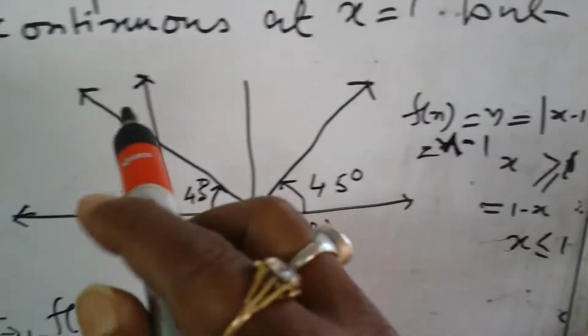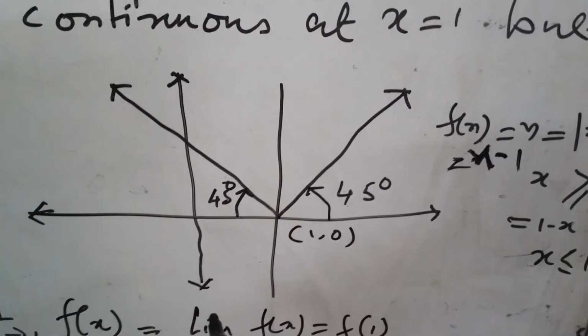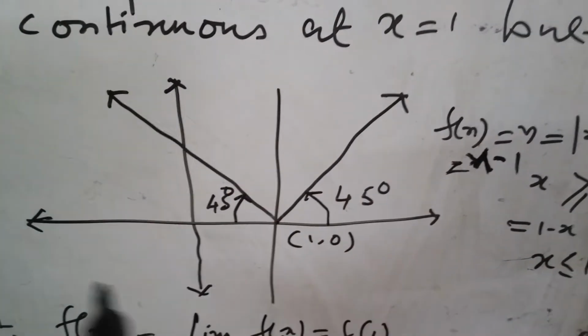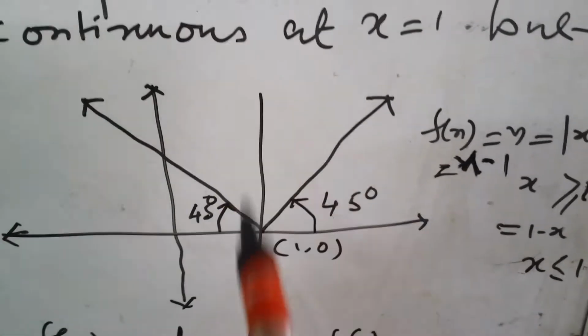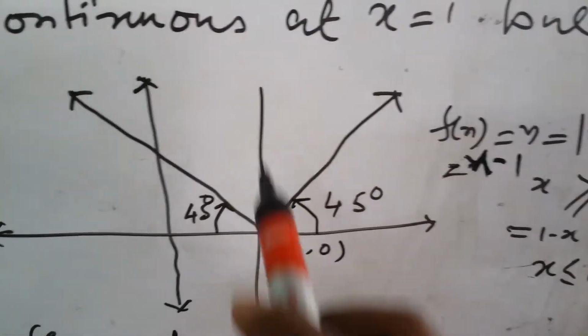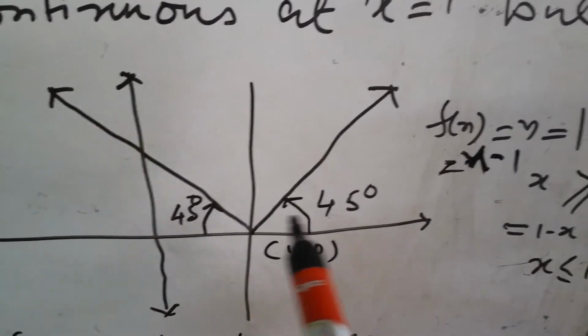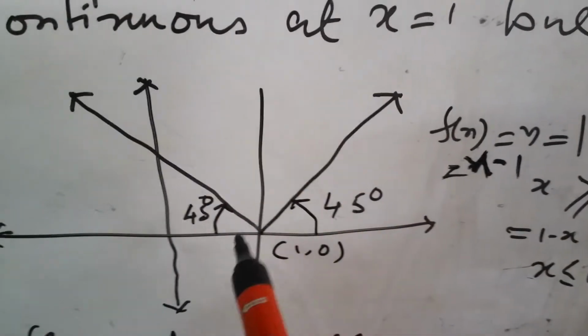So we draw a curve of this function, that is the y-axis, that is the x-axis, and that is the point (1, 0). Draw a perpendicular to this axis and draw this and this.